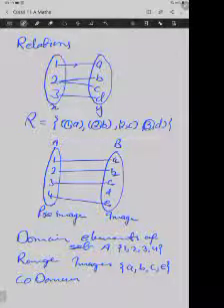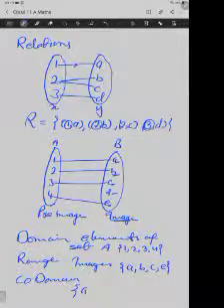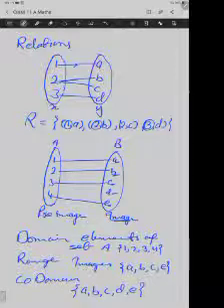Now we are going for codomain. Codomain means these are the elements in the image set, but codomain are unused elements also we will be taking, like codomain will be A, B, C, D, and E. Domain can be said as the input.